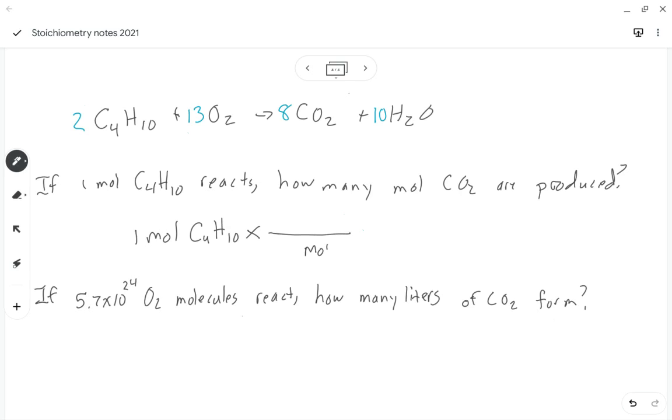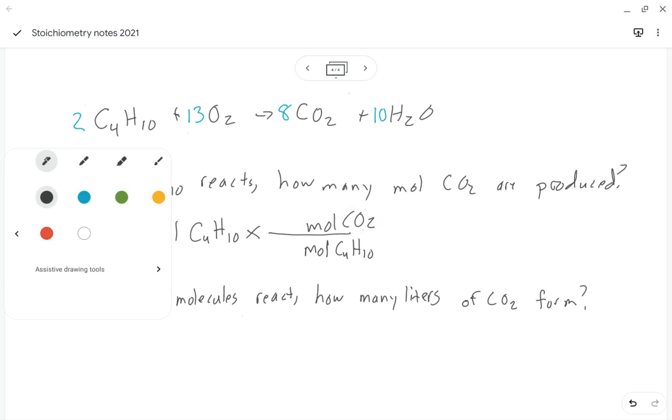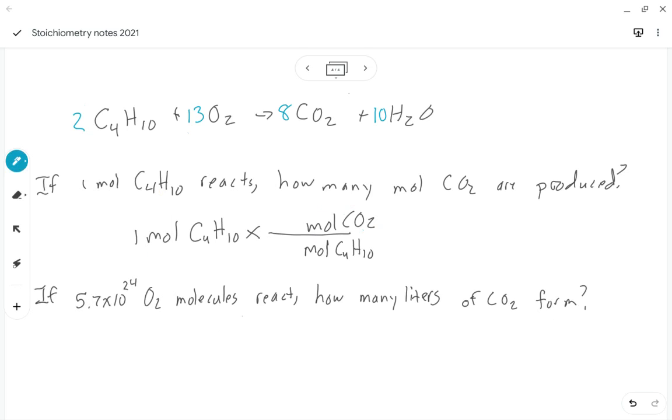We take what we're starting with and put it on the bottom, and what we're trying to find goes on the top of our little fraction.